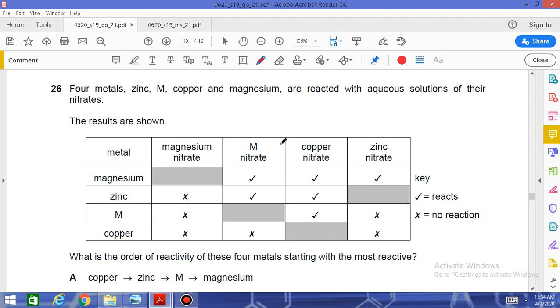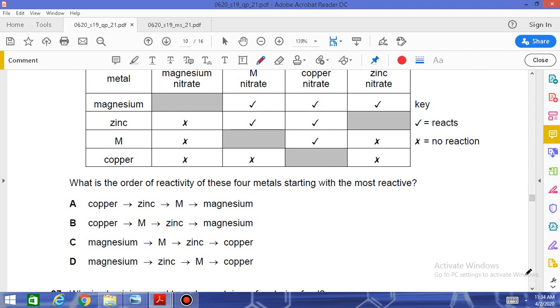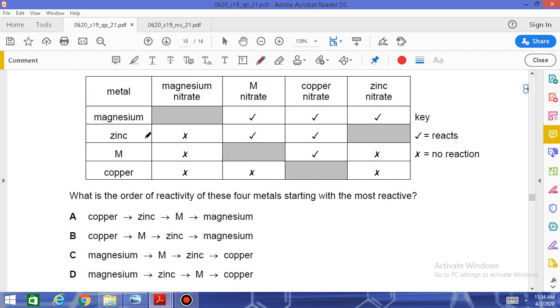Okay, so that's the way you read the table. What is the order of reactivity of these four metals starting with the most reactive? Okay, I want to make a reactivity series from top to bottom. So let's see one by one.